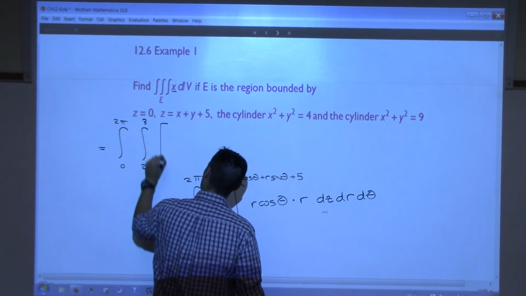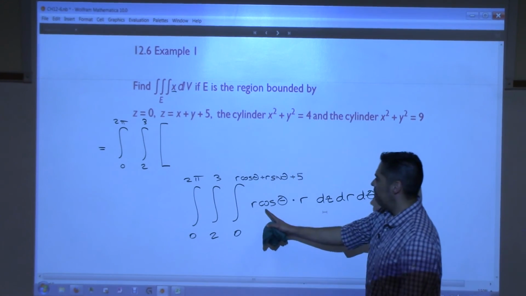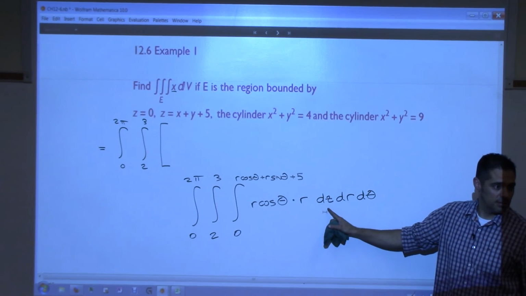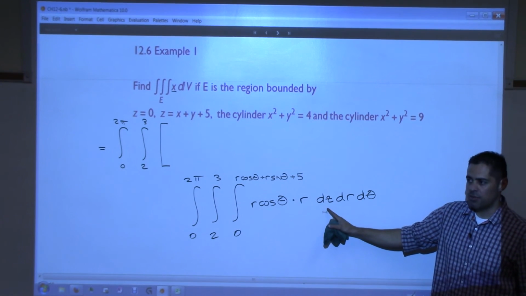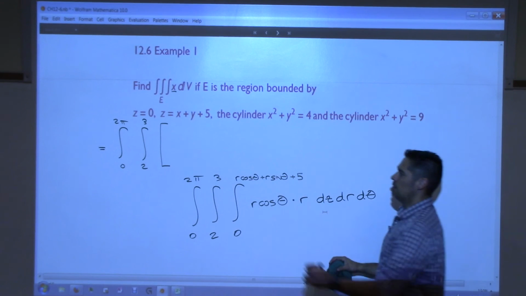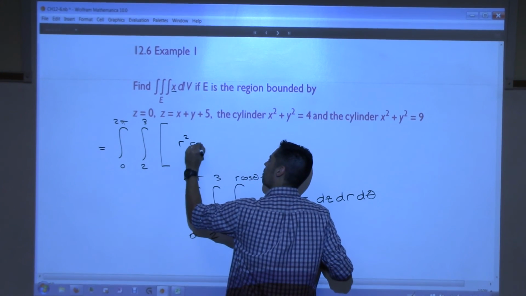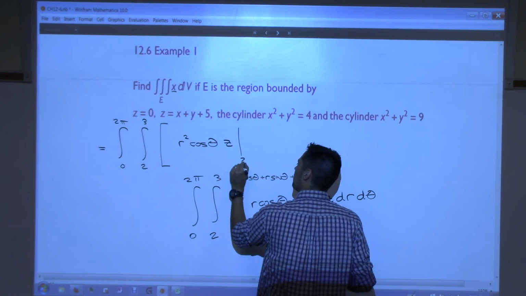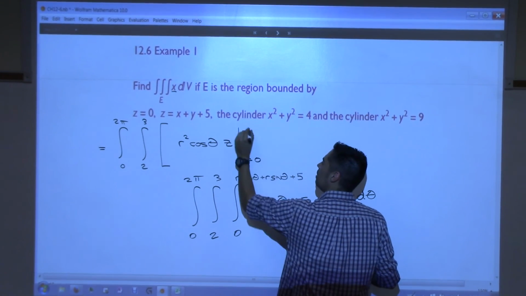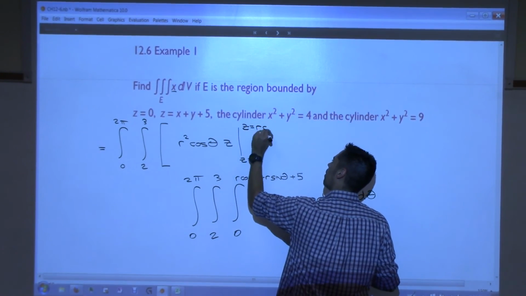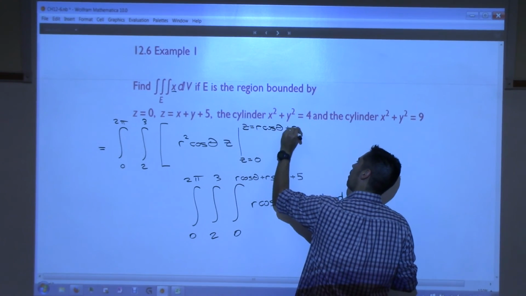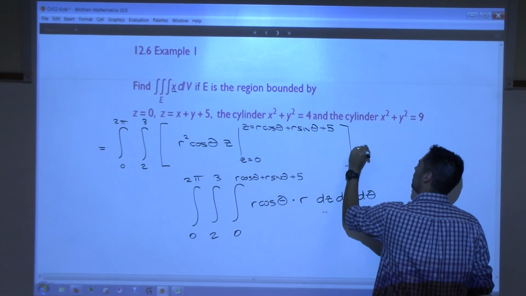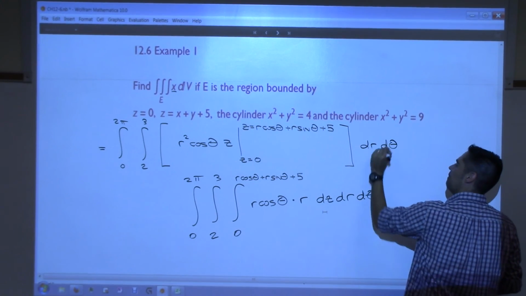Okay, what is the antiderivative of this with respect to z? R squared cosine theta z, evaluated from z equals 0 to z equals r cosine theta plus r sine theta plus 5, dr d theta.